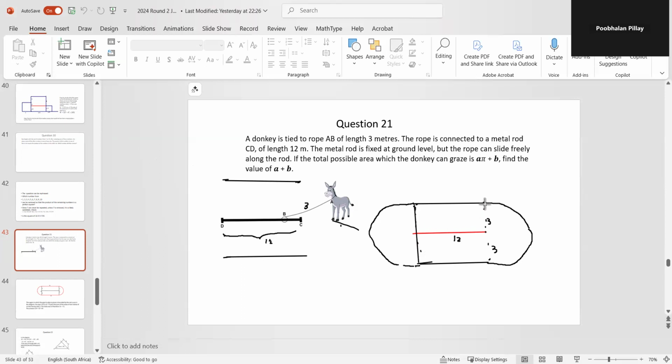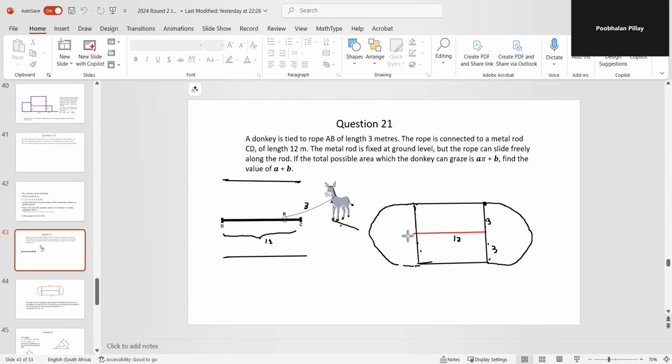And the side of the rectangle is 6. So this area here, which the donkey can graze in, is 6 times 12, which is 72. We'll hold on with that.